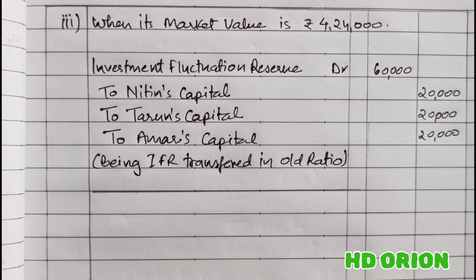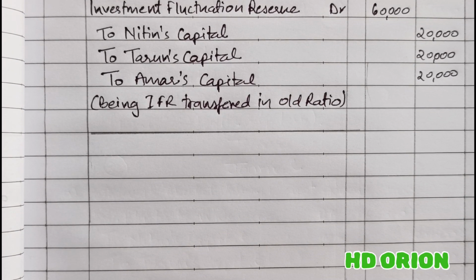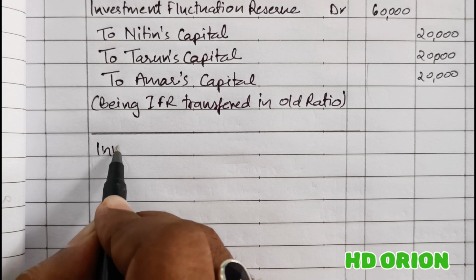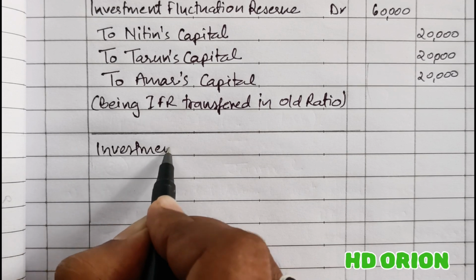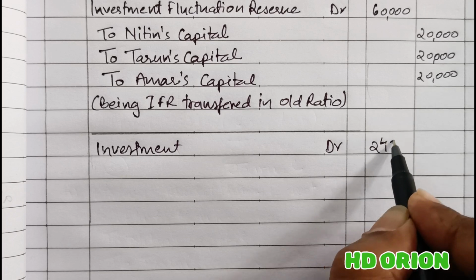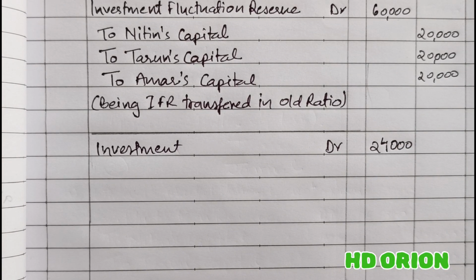And there will be more entries in this third case because the increase in the value of investment of rupees 24,000, that also we have to record. So the value of asset is increasing by 24,000. For that, investments account will further be debited. So investment account will be increased by rupees 24,000, because in the books it is shown 4 lakh and now it is 4,24,000.